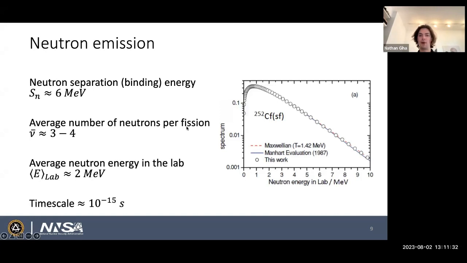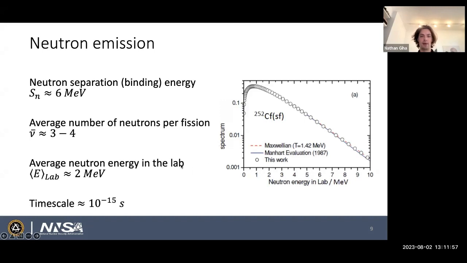The average number of neutrons that are emitted per fission depends on the isotope that you're fissioning and how much energy that nucleus had, but it's in the ballpark of 2 to 4 or more. And the average neutron energy in the lab is about 2 MeV, again depending on how the reaction started.